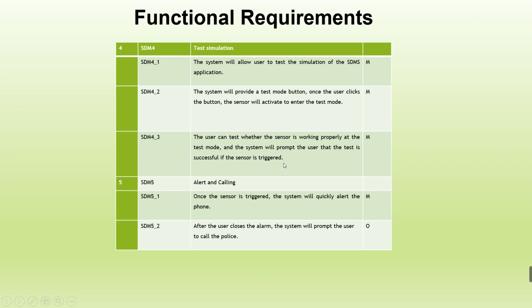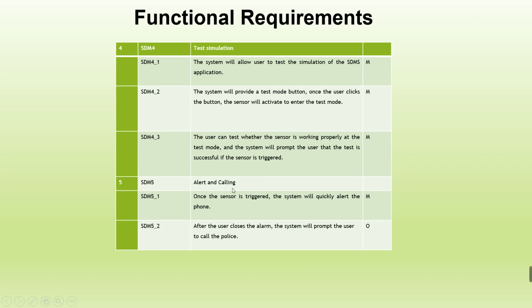For example, we click the test button, go inside the test mode, and then click the start button, and the sensor will activate. We operate outside to trigger the sensor. Then it will show the information that the test is successful, and then go back to the original mode.